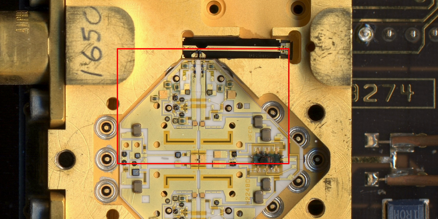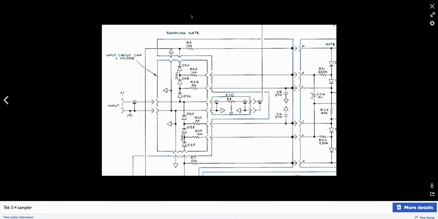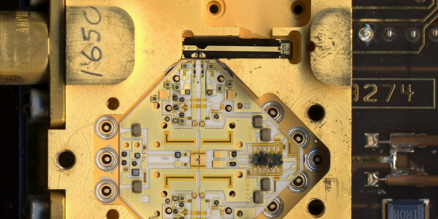This is the input, and we can see what seems to be either 4 diodes, depending on how we count them, or if those guys over here are diodes as well, they could be 6 diodes. I don't know that, but it resembles this structure from the wiki. I've been reading a bit about it, getting a better idea of how those things work, and maybe we can explore that again in the future.